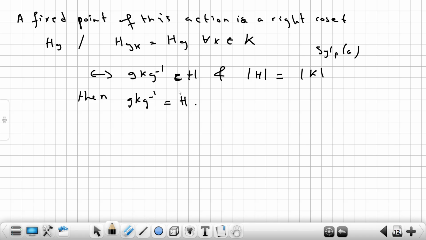If this action has at least one fixed point, then as you see here, the two groups will be conjugate.